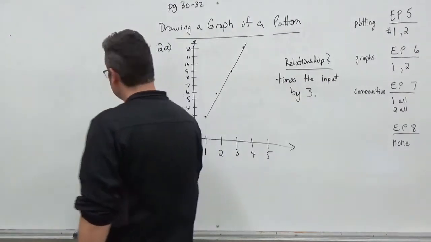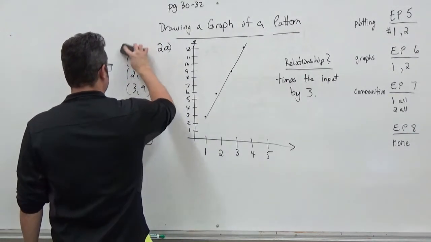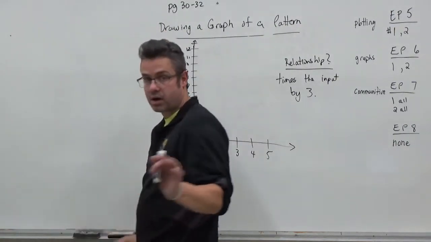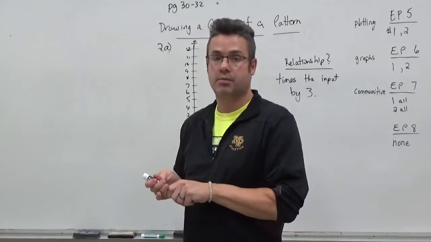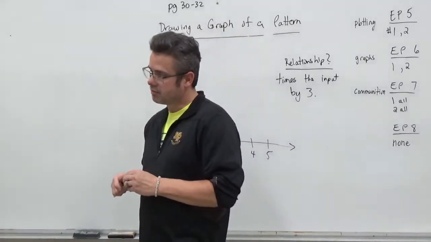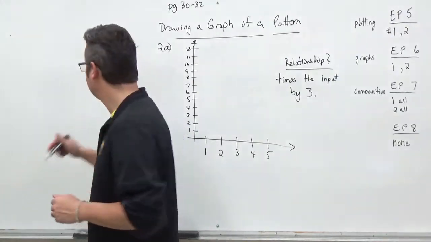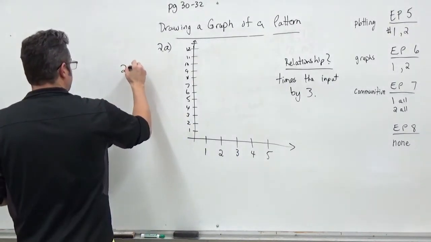Okay, it has a graph there. I'm not going to graph it out here because they've already got a graph for you, but I'm going to write down the coordinates. If I look, the first one is over 2 and then up 3. So 2, 3.